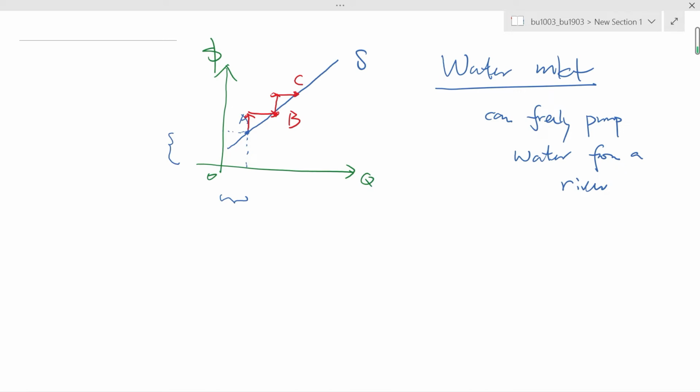Now you see that this supply curve is upward sloping. In this construction, people might think differently. One thing people could think is that if price increases, consumers will demand less water.